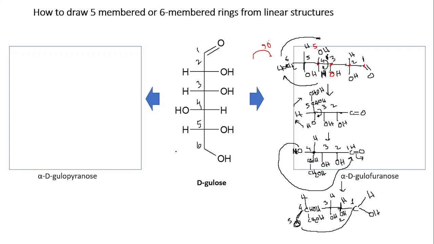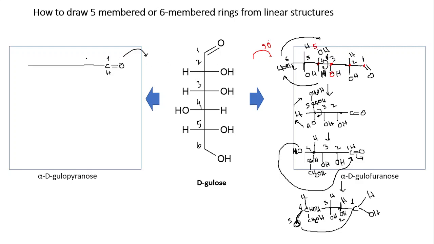Okay, so first thing, again we are drawing a 90-degree rotation. So, and we are drawing this chain right here. So C double bond O, that is number 1, there is a H here.